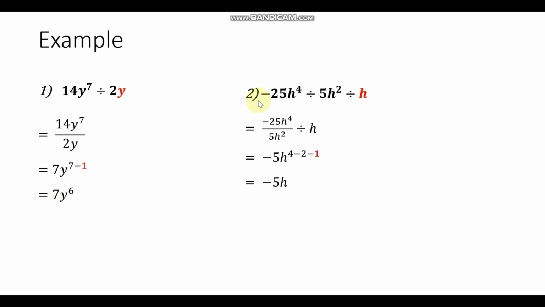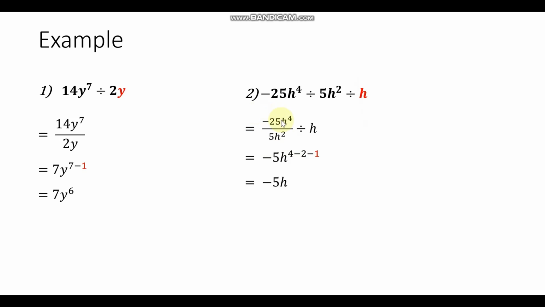The second example, we have negative 25h to the power of 4 divide 5h to the power of 2 divide h. This h here, I put in red color, which means we have to put 1. The value of the index is 1.